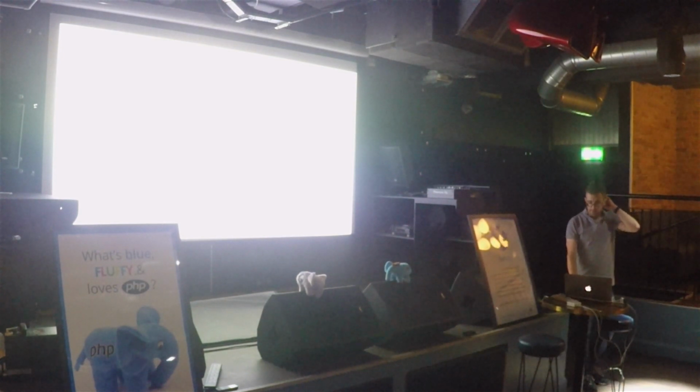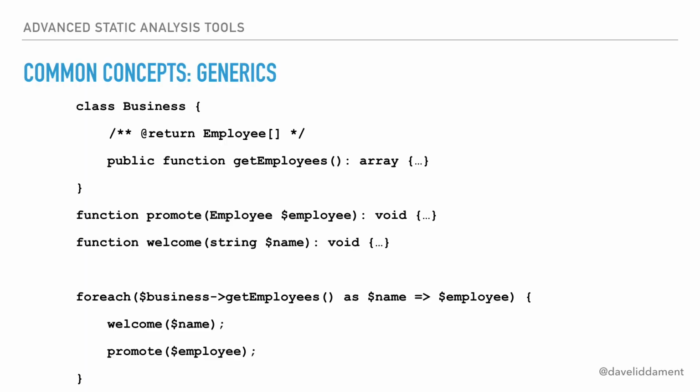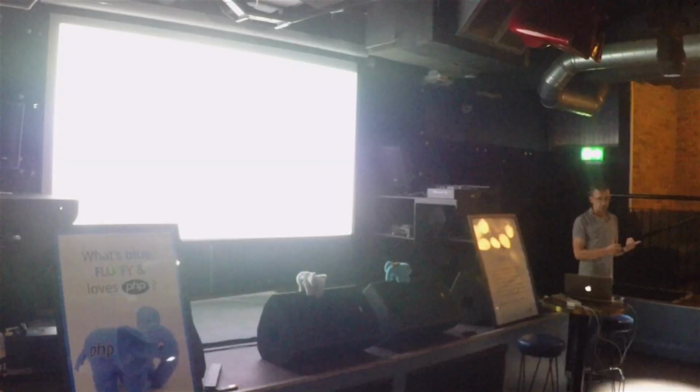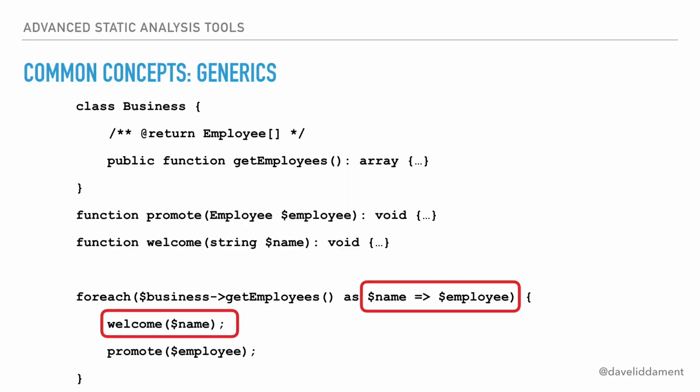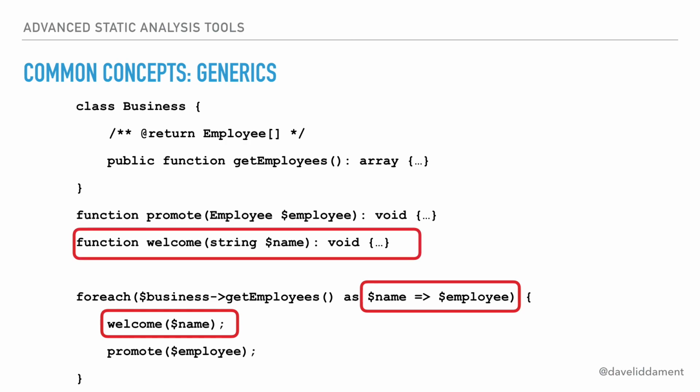So that's all very well, but what happens if we modify our code like this? Now we're iterating through our employees, and we're getting the key, which we've called name, and the employee. What we're doing with the name is passing it to a welcome method, and we can see that the welcome method takes something of type string.